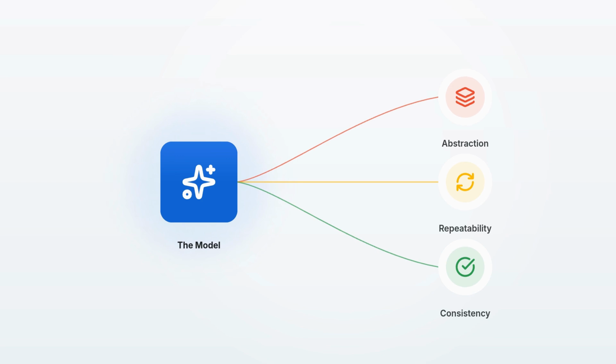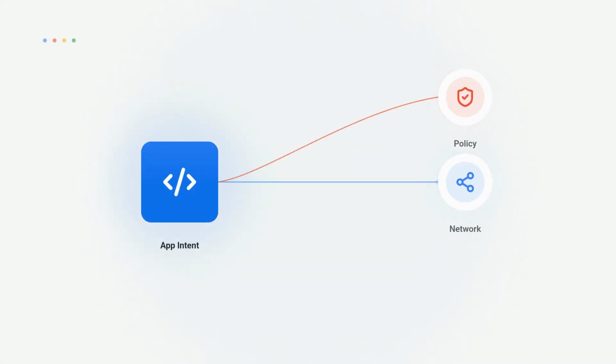The abstraction level is higher, so repeatability and consistency come from the model instead of manual repetition. So, the real win is not just fewer settings to touch. It's a cleaner, faster way to turn application intent into enforced network behavior.